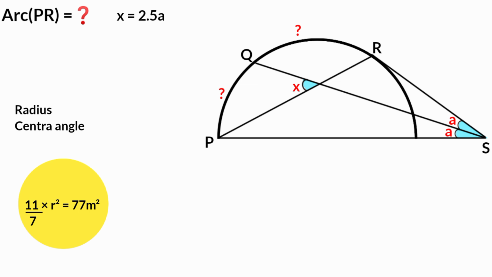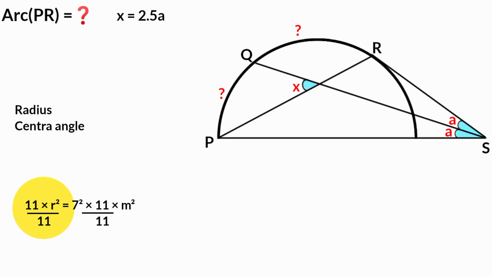Multiply both sides by 7. Here 7 cancels 7. While here, if you look, 7 times 11, we can say this 7 times this 7 is 7 squared. Now 11 r squared equal to 7 squared times 11 times meter squared. Divide both sides by 11.